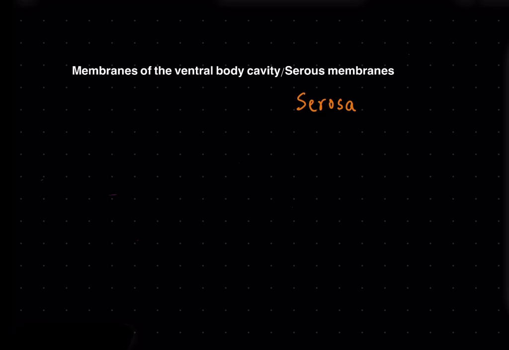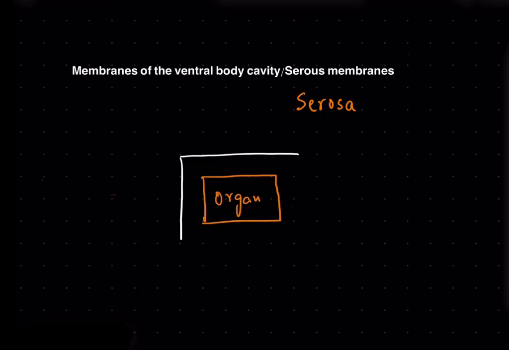The serous membranes are very thin membranes that cover the walls and organs within the thoracic and the abdominopelvic cavities. Now let's look at a schematic diagram to clearly understand these organs, the membranes that protect these organs. Now assume that that's an organ in the ventral cavity, and this is the cavity within which that organ is present.